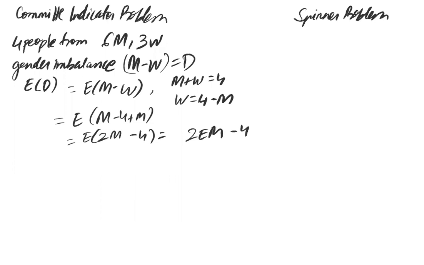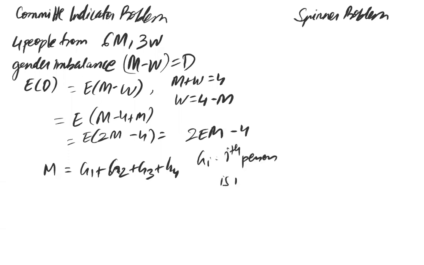Okay. Now, M can be written as G1 plus G2 plus G3 plus G4, where G_i denotes the indicator random variable for the event that the ith person is male.